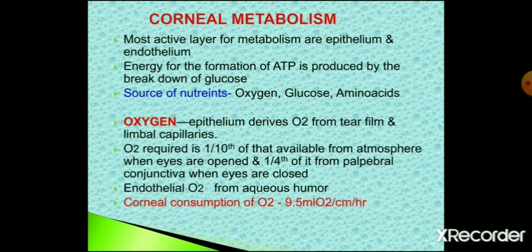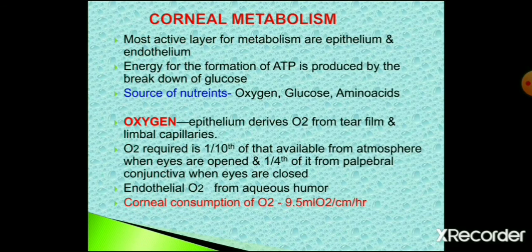Energy for the formation of ATP is produced by the breakdown of glucose. So we are getting energy mainly from the glucose oxidation. Sources of nutrients are oxygen, glucose and amino acids. Oxygen, the epithelium derives from the tear film and the limbal capillaries.